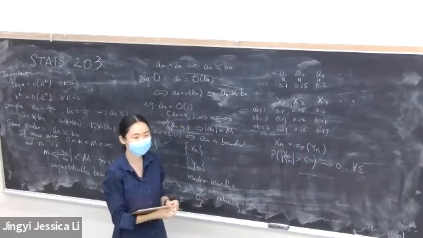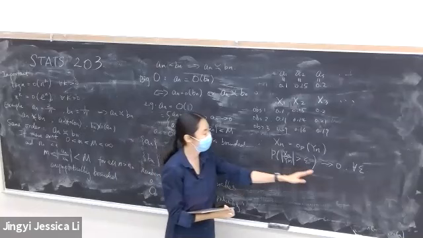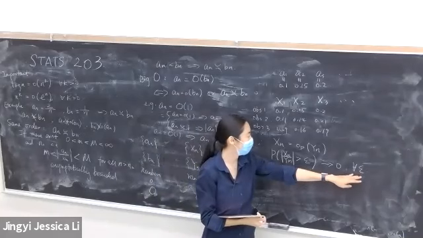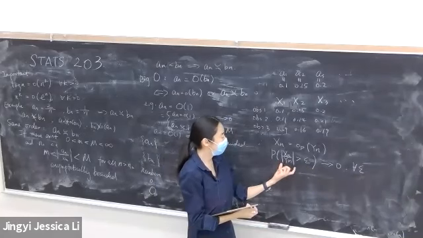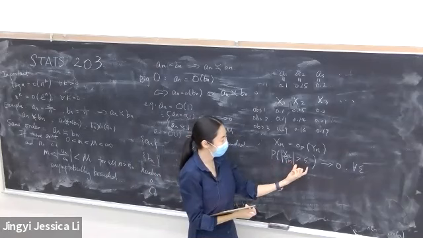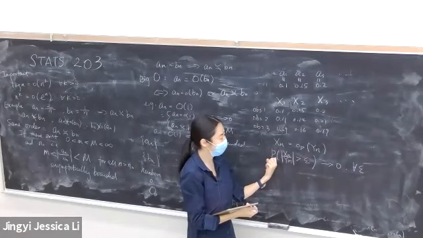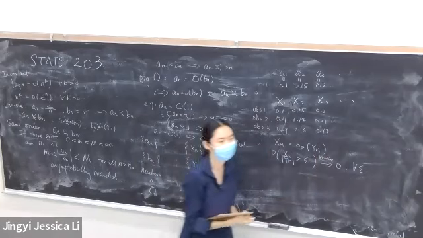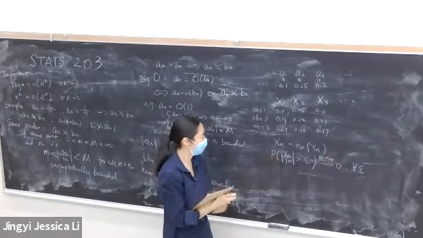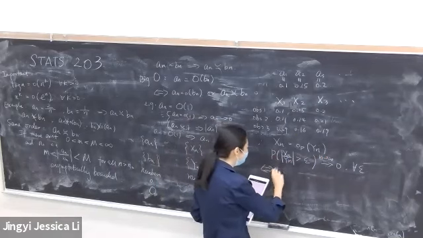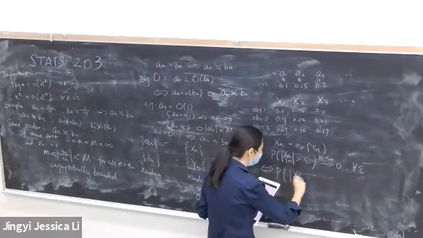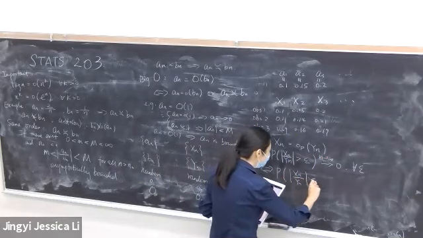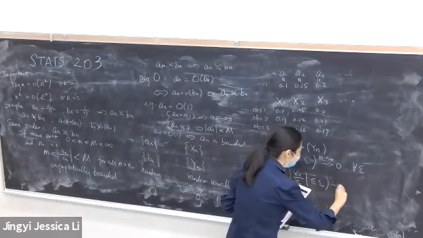What this means is that for any epsilon neighborhood size, the probability that this ratio is greater than epsilon will go down to 0 as n goes to infinity. This is the same as saying the probability that the absolute value of Xn over Yn is less than or equal to epsilon is going to 1.